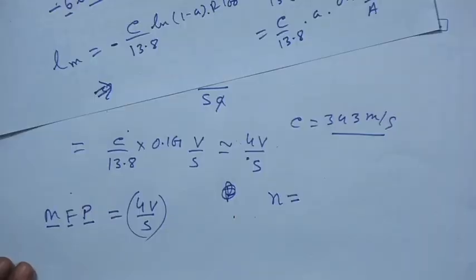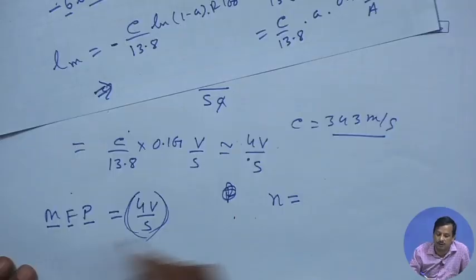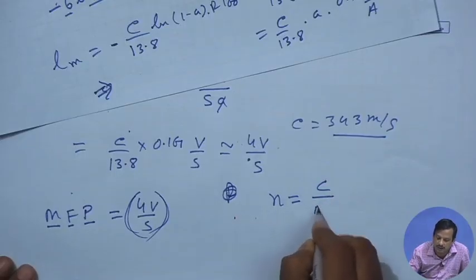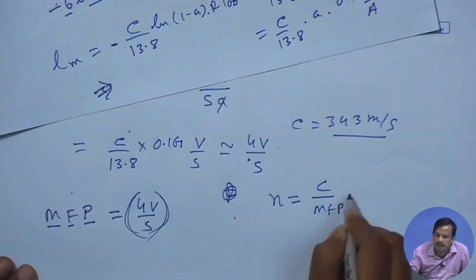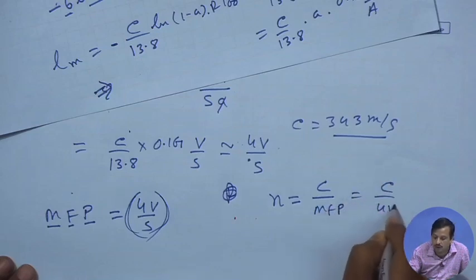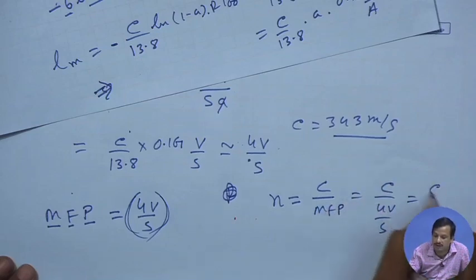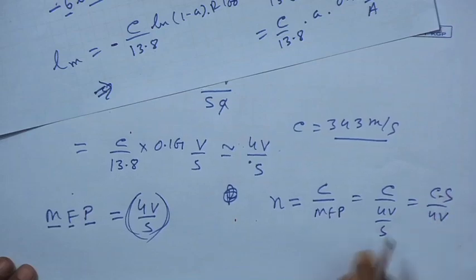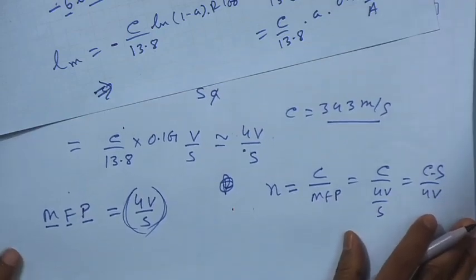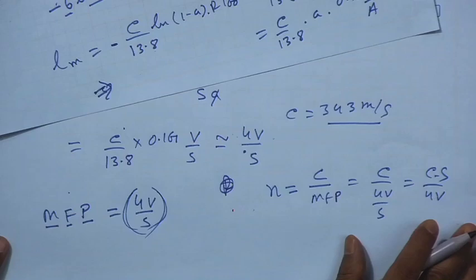The mean free path means the average path, so it is c by MFP. So, c by 4 V by S, that is, c into S by 4 V. V is the volume of the room, c is the velocity of sound, and S is the surface area of the room.